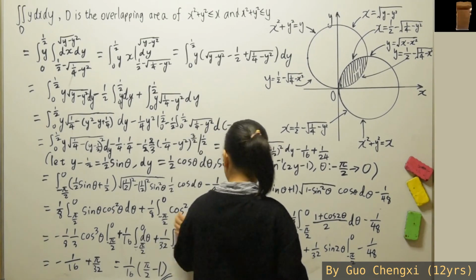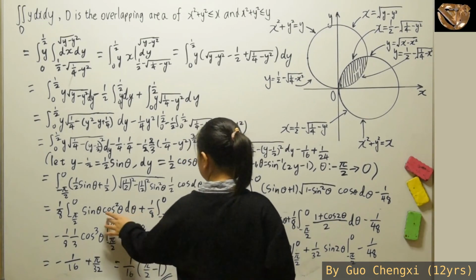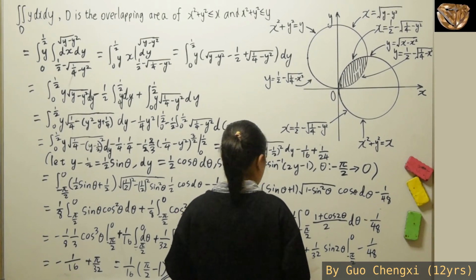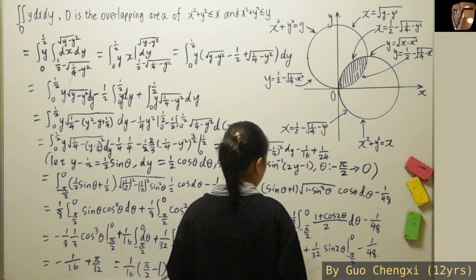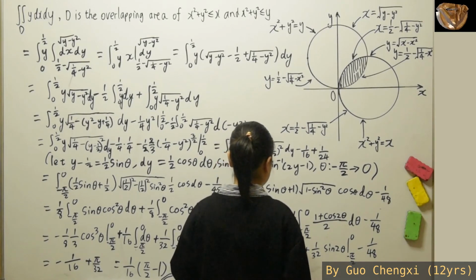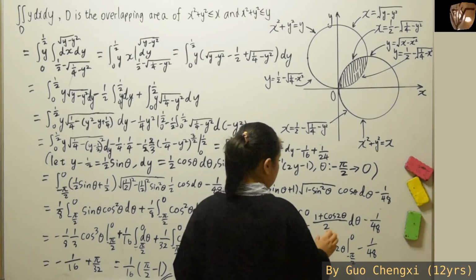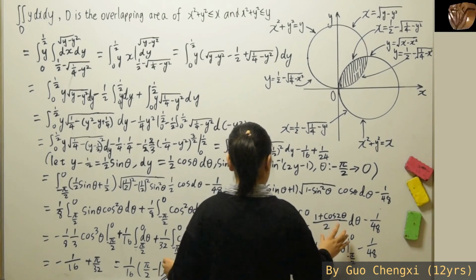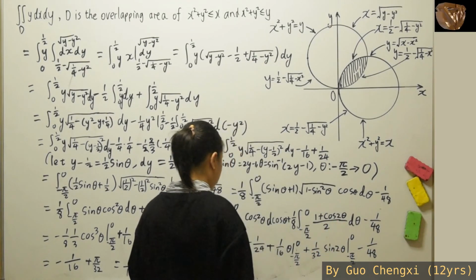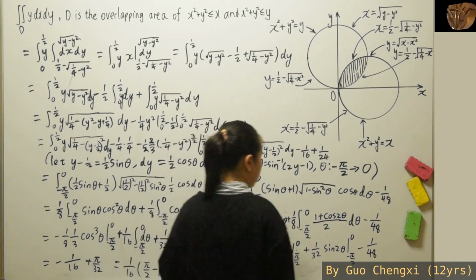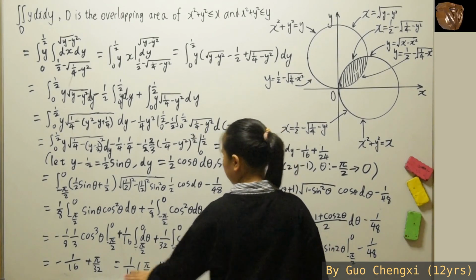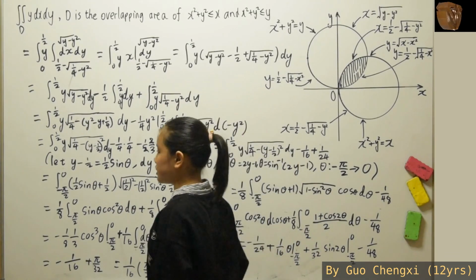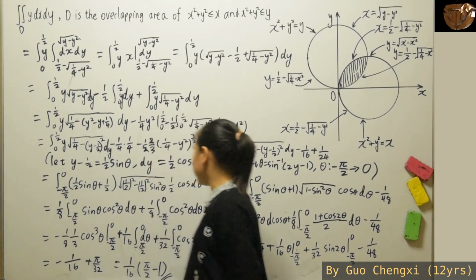And then for this part, after we separated it into two terms, for the cosine square theta we used the double angle formula to get 1 plus cosine 2 theta over 2. And then for this part, we separated it into 2 terms and boom, we get the answer. But for these other 2 parts, it's just basic integration, so you can get it.